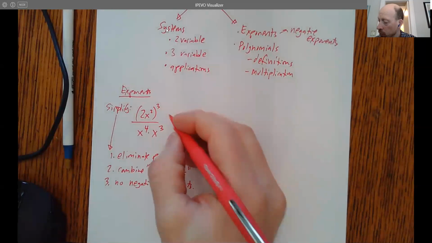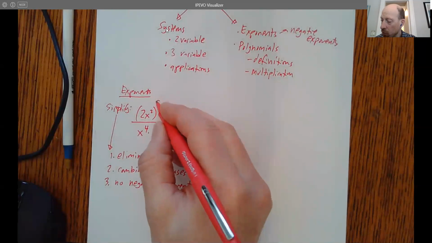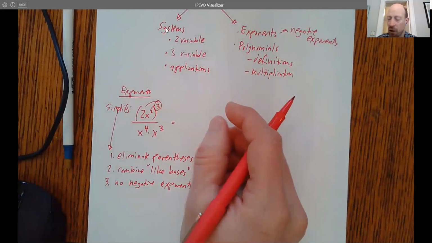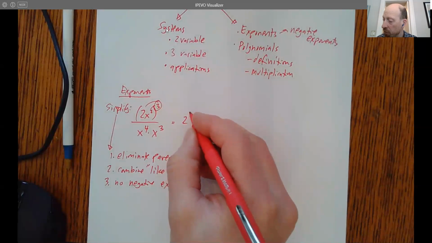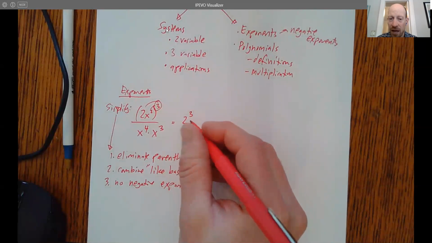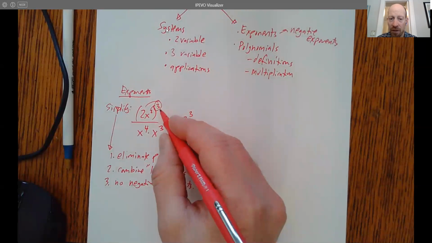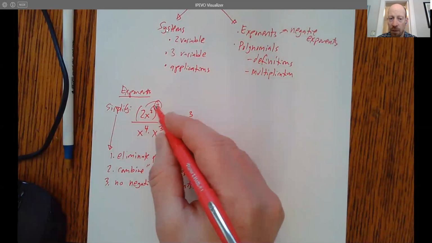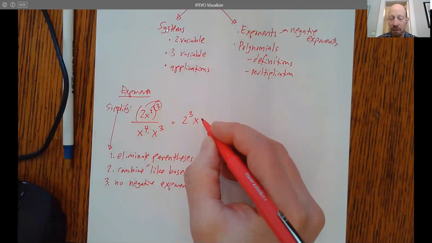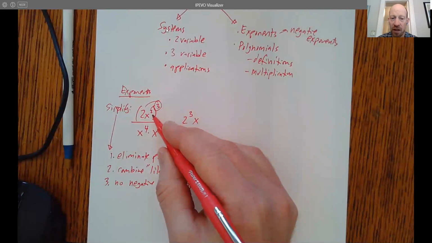Right? So one kind of nice thing about exponents is you can take different routes and still end up at that same answer. So in this case, one of our exponent rules is when I have an exponent on the outside, I have to apply it to both of the pieces, or however many pieces are on the inside. So a lot of students forget to apply this 3 to the 2, but that should be 2 cubed. And then when I apply this 3 to the x squared, that is a multiplication rule.